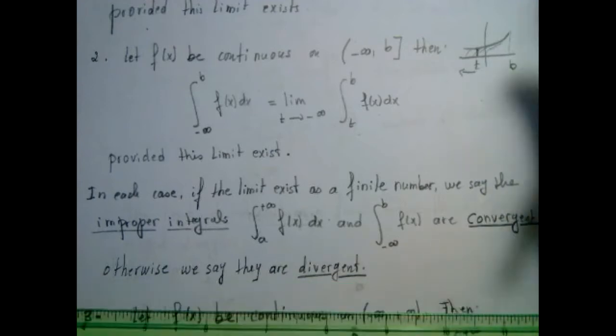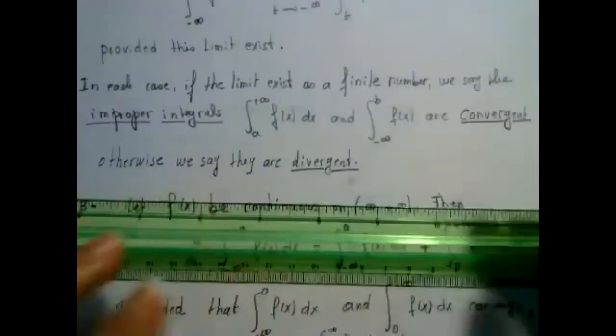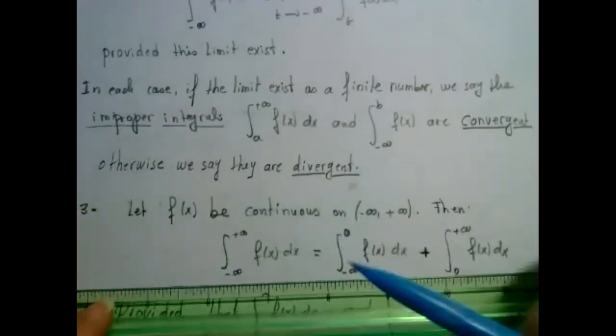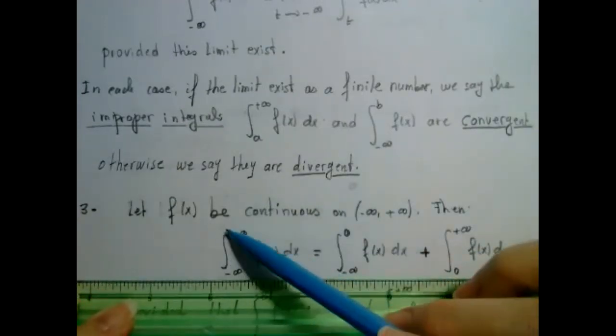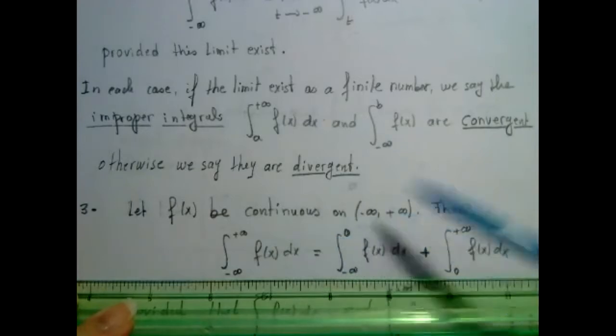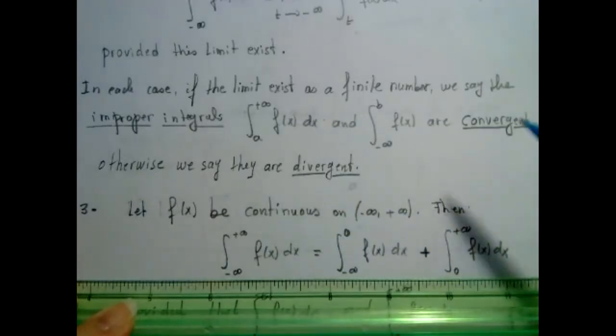Number 3. Sometimes we talk about the integral from minus infinity to plus infinity. So let's see the definition of that clearly. Let f be a continuous function on the interval minus infinity to plus infinity.